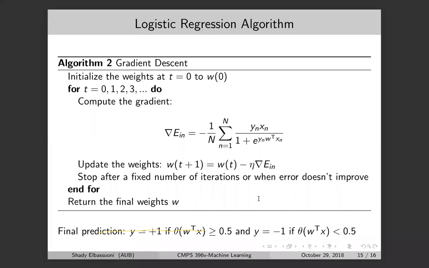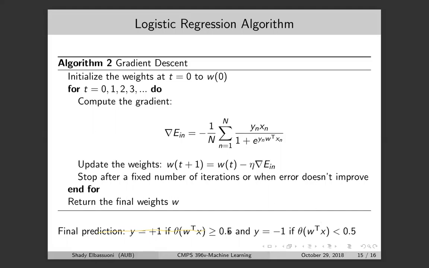If it's close to 1, it's positive. So you can, for instance, set your prediction y equal to +1 if this is greater than 0.5. If it's less than 0.5, you're on the negative side.